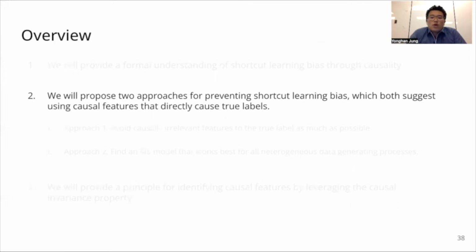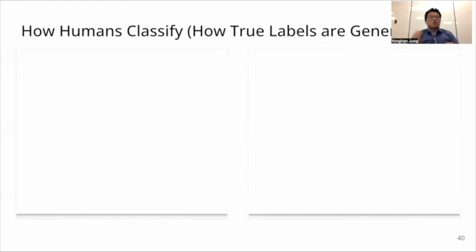Now we move to the next section, discussing how we construct the machine learning model for preventing the shortcut learning bias. So we first discuss our first approach. To go deeper into the first approach, we first consider how humans classify.